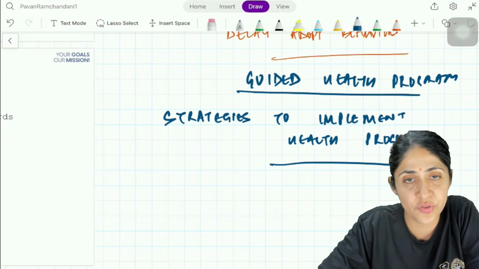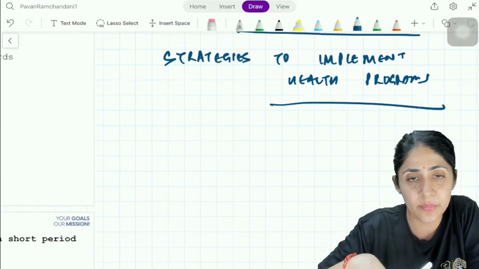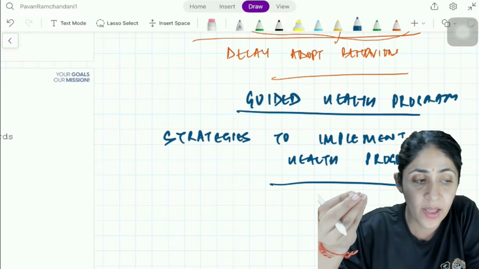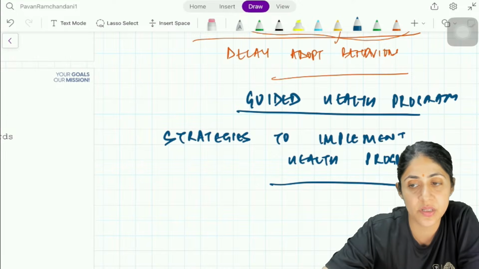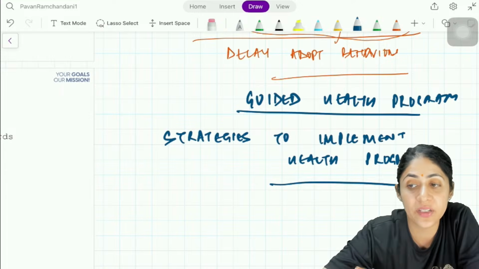Non-adoption, you understood that, right? What is a laggard, and why can they be resistant? Because some people have cultural beliefs. Especially villagers will think they do not need to take allopathic treatment for cancer.